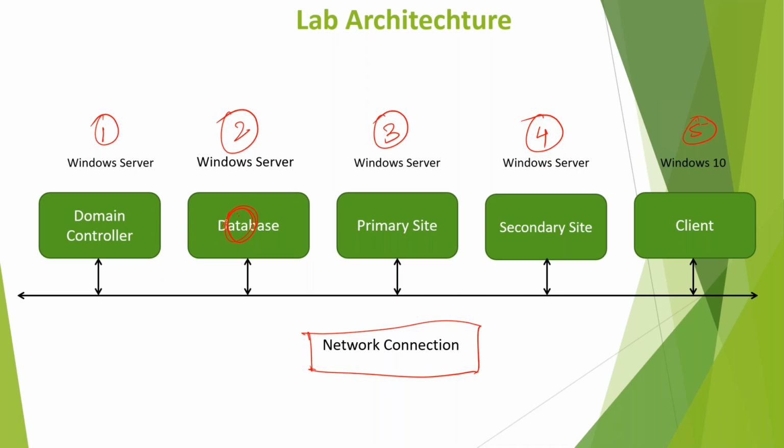Because SCCM is going to store the data in the database. Why do we need domain controller? Because it is needed for authentication, and SCCM needs the domain controller. In fact, the domain will supply all the information to the primary site server about whatever resources are present on the network. So you will get a clearer picture when we start doing the practical.